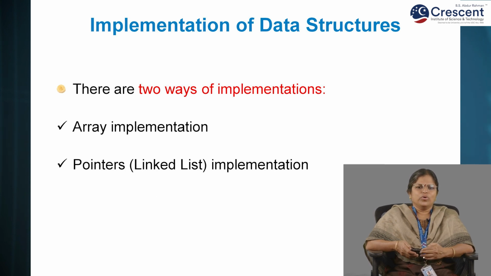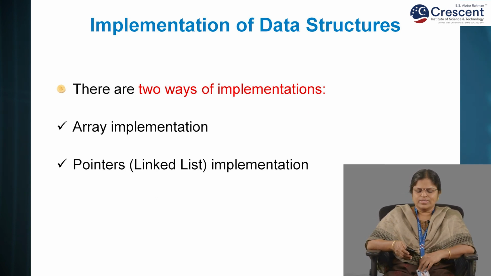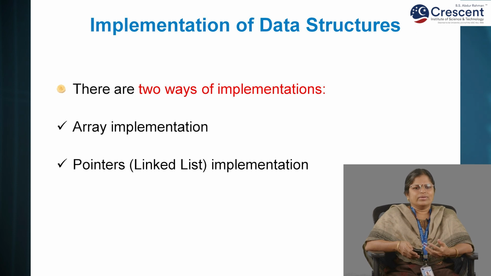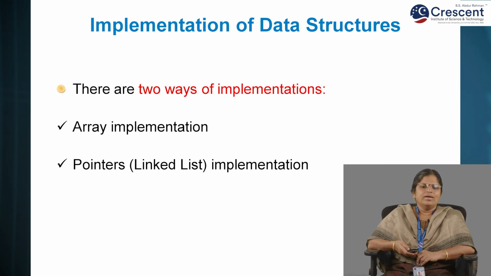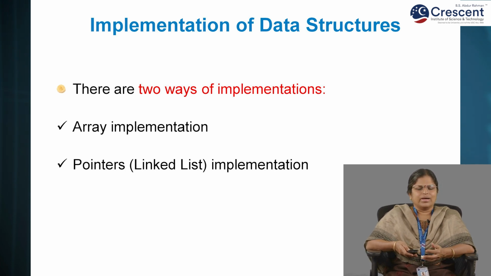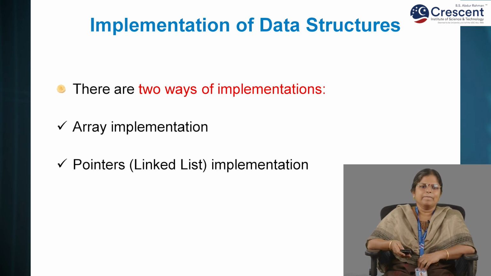Before going to the operations of the different linear data structures, we should know the different types of implementation. Actually, we have two ways of implementation. One is array implementation, which is static allocation of memory for sequential data.